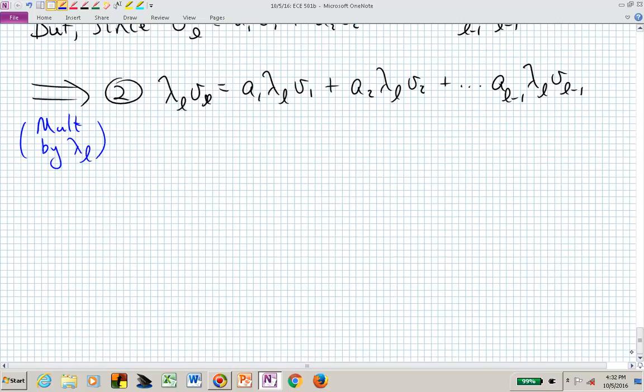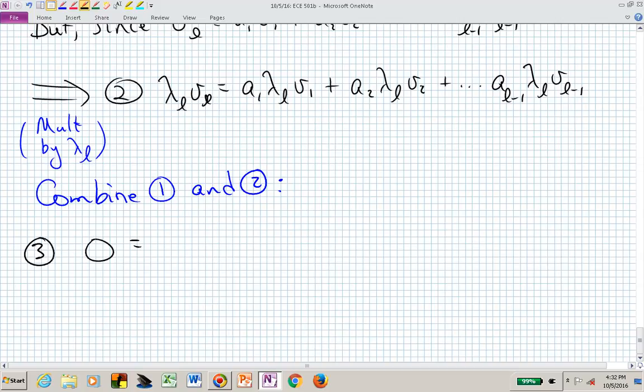Subtracting gives us equation 3, so that I now have 0 on the left, and on the right I have a coefficient that's the same in the first element, A1, but equation 1 had lambda 1 and equation 2 had lambda sub L, so that now scales V sub 1.